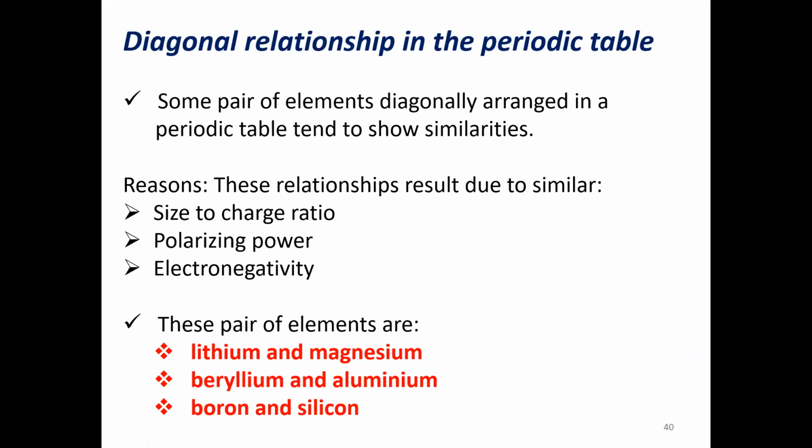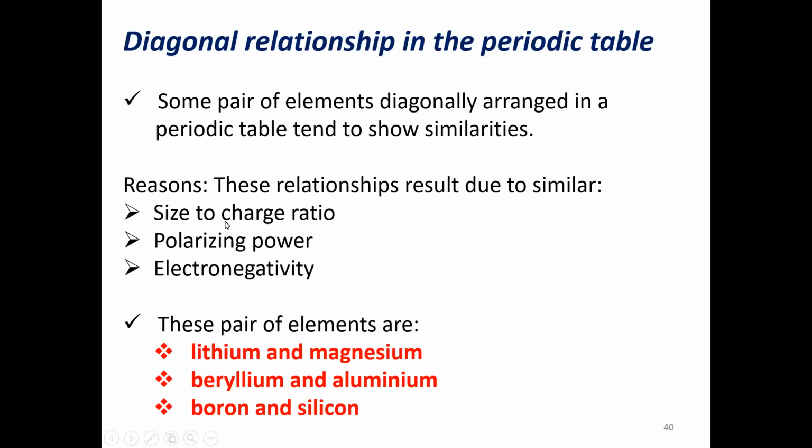When we talk about polarizing power, we are talking about the ability to attract and repel. So if they have that similar power, then they will show what we call diagonal relationship. Also, if they have similar electronegativity. And the pairs of elements that show this diagonal relationship, as I've told you, are lithium and magnesium, beryllium and aluminum, boron and silicon.